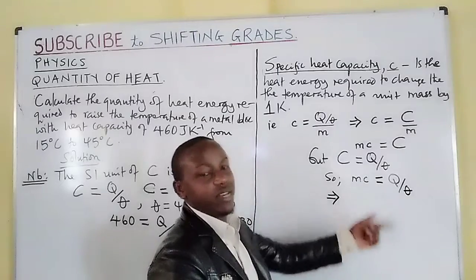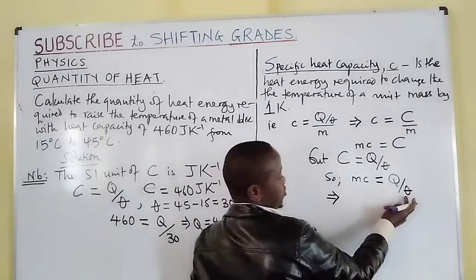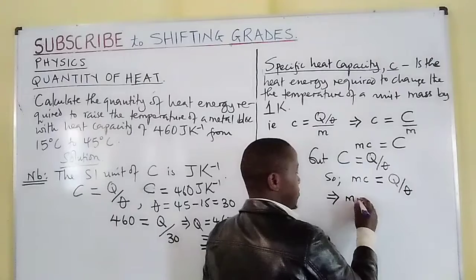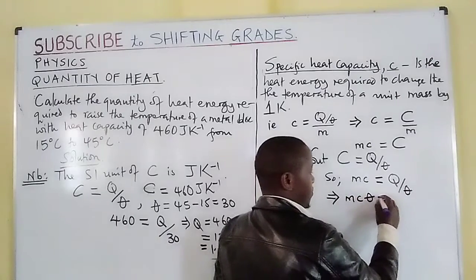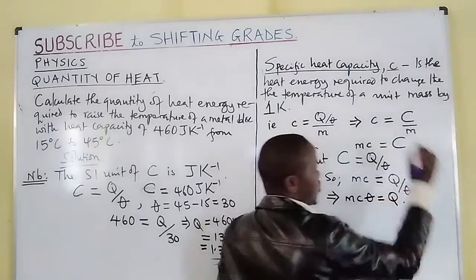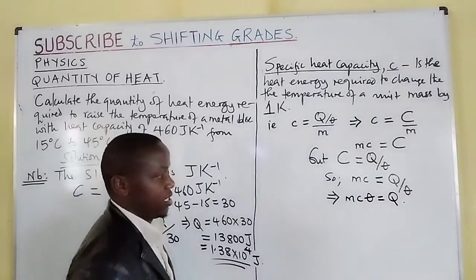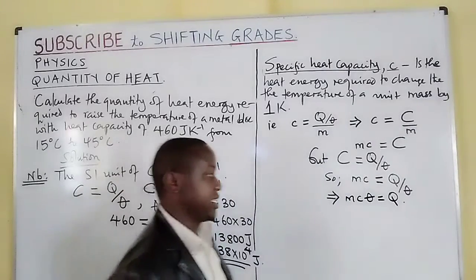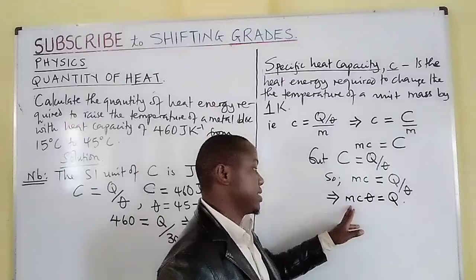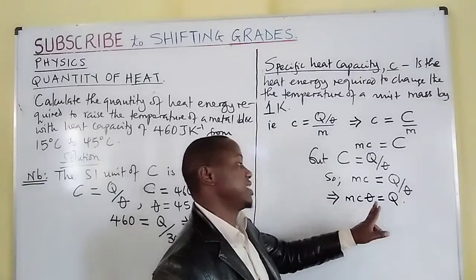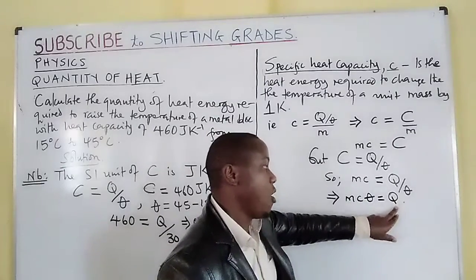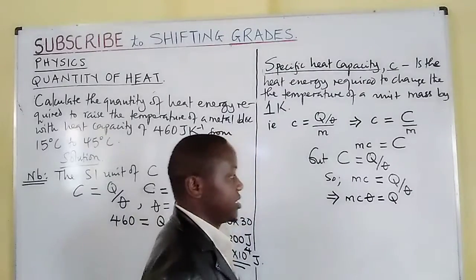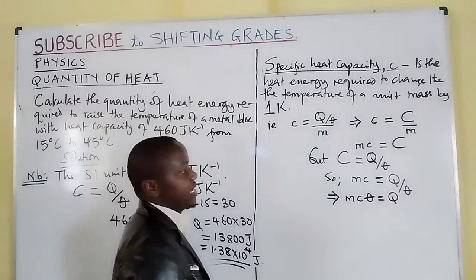This implies that we cross multiply with the change in temperature. So the quantity of heat absorbed can be expressed by mass times specific heat capacity times change in temperature of a given substance.